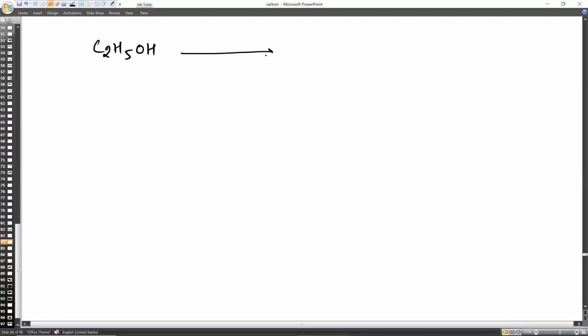When it comes in contact with concentrated H2SO4 at a temperature of 443 Kelvin, it will give you the 2 carbon unsaturated hydrocarbon ethene, a 2 carbon alkene, plus H2O.